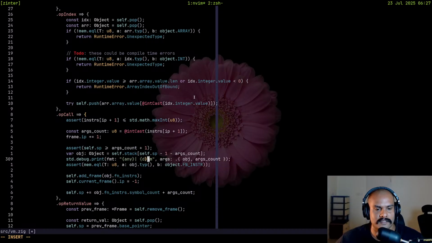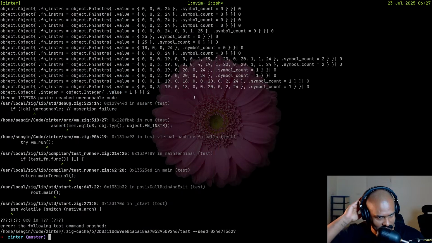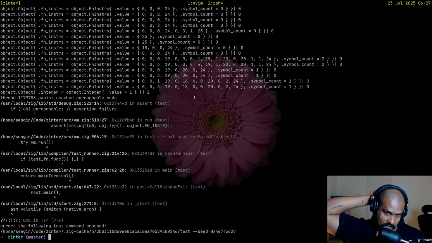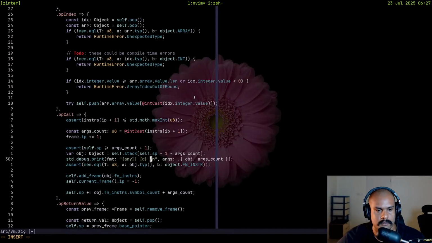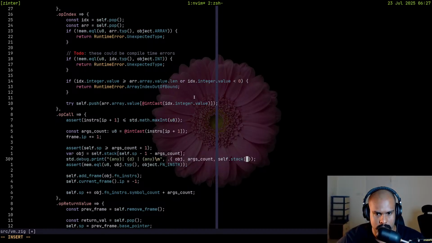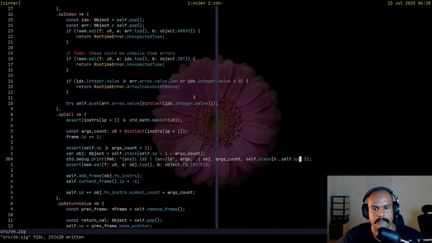Oh no, that's a bad idea, because I gotta print the whole stack. Oh, maybe I can just print... nah. Self.stack 0 to self.stack pointer.